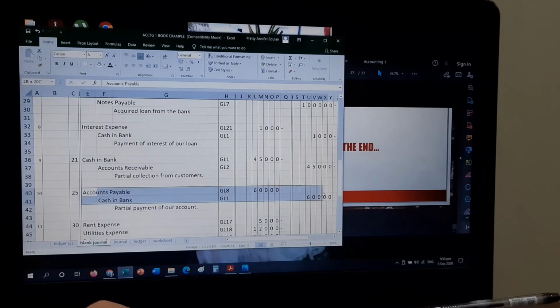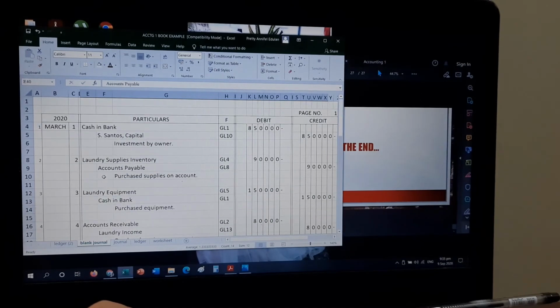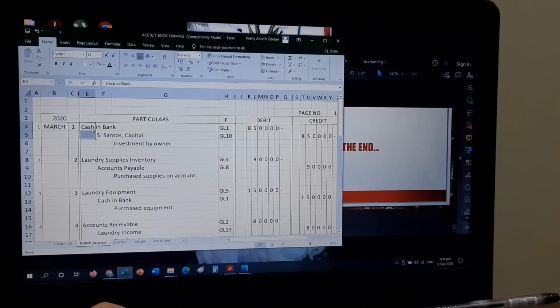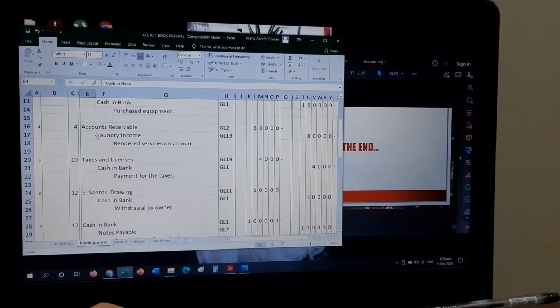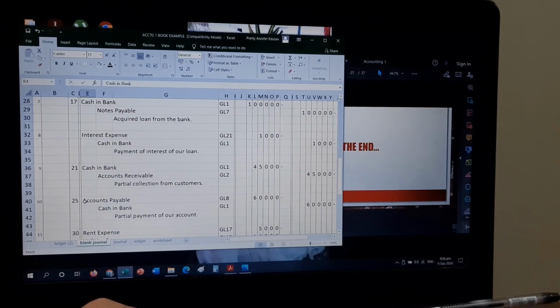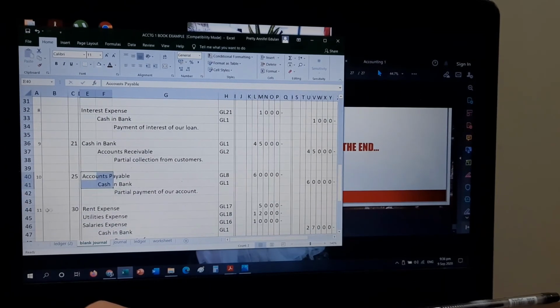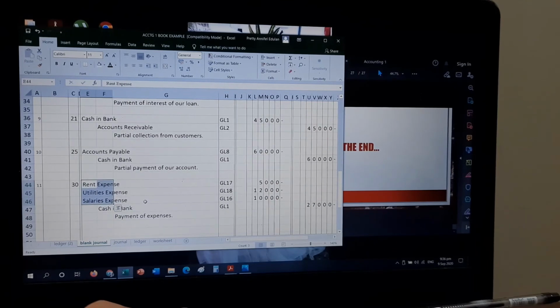And for each date, you have how many points? 4. So meaning 4 points for the simple journal entry, times there are 10 transactions with simple journal entry. So 4 times 10, that's 40. Transaction 11 has 8 points, so you have already 48 points.